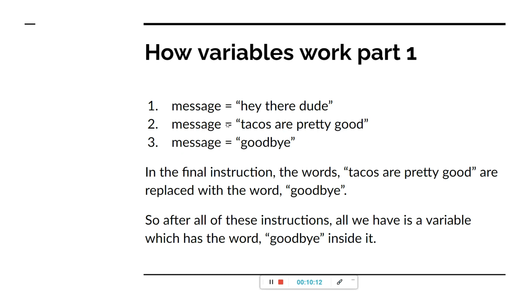So every time you put something inside a variable, it forgets what was inside it before and puts in the new thing. I'll repeat that again. Every time you put something inside a variable, it forgets whatever was inside it beforehand and puts inside it the new thing. Whether it is a word or a number, doesn't matter.